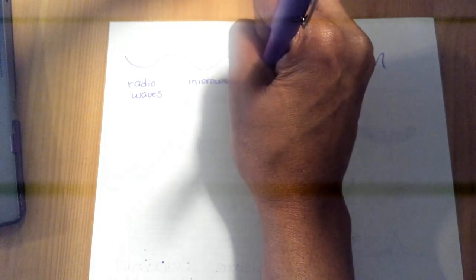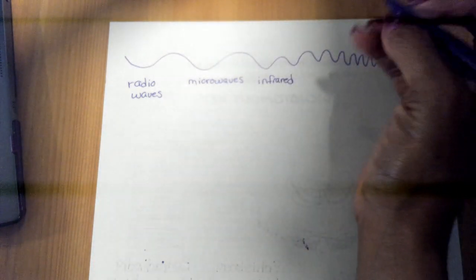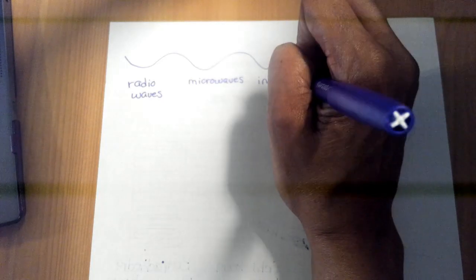All right, so we talked about the long waves, so we had radio waves, microwaves, infrared rays, or infrared. Then we had visible light.